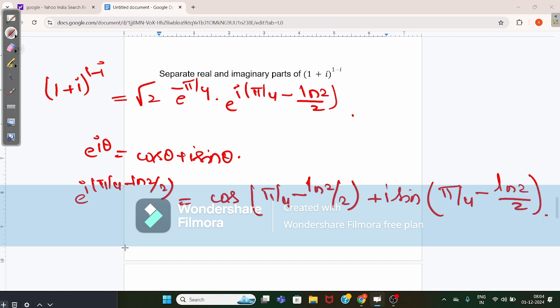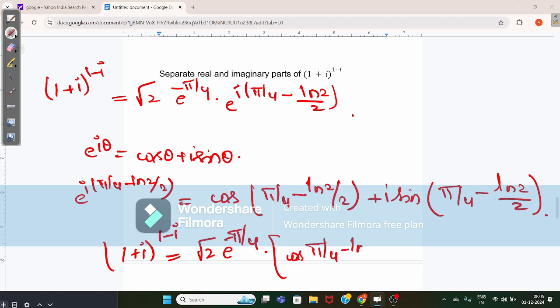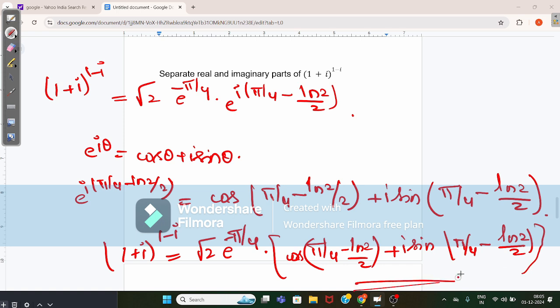So (1 plus i) whole power 1 minus i equals root 2 e power minus pi by 4 into [cos (pi by 4 minus log 2 by 2) plus i sin (pi by 4 minus log 2 by 2)], which is the required answer.